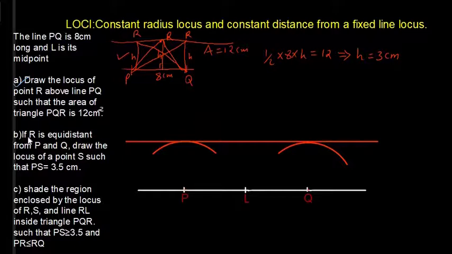Part B, if R is equidistant from P and Q, draw the locus of a point S such that PS is equal to 3.5 centimeters.